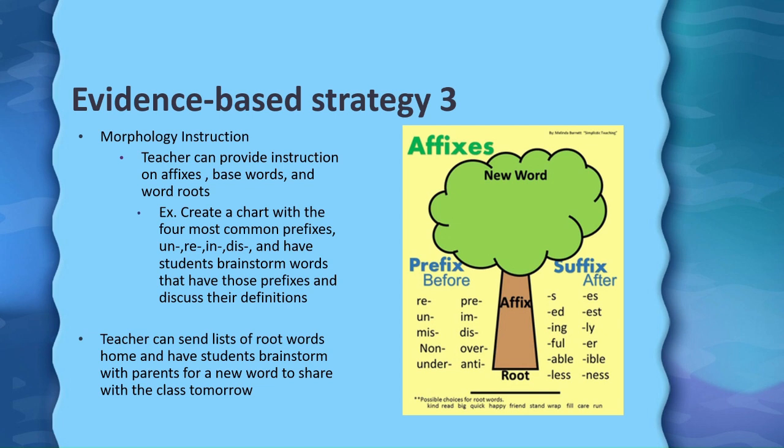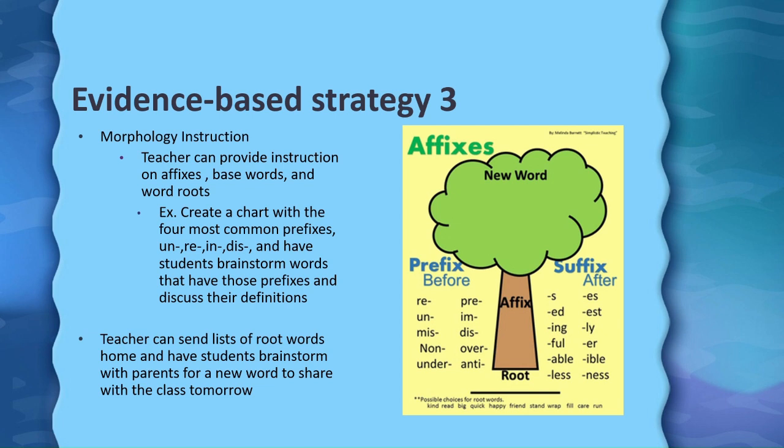So we could have a root word like cast, and then if we add re to the beginning, recast, that means that it has been repeated, and that's how students can continue to expand their idea of how words could be tweaked, and this grows their vocabulary.